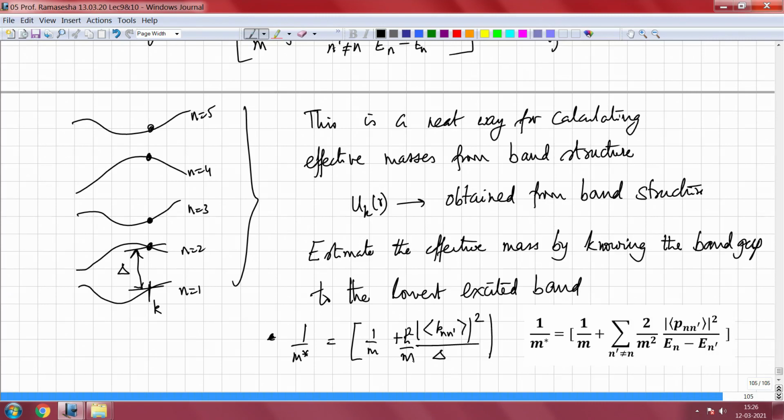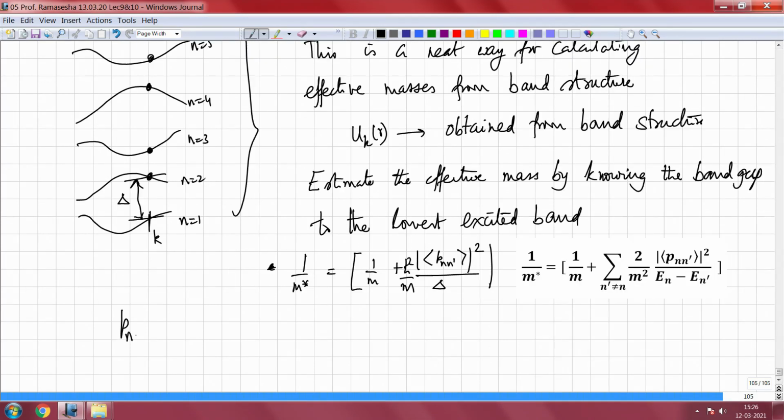Usually p n n prime is of the order of a lattice constant, and delta is usually of the order of about maybe 0.2 to 1.0 electron volts in semiconductors.